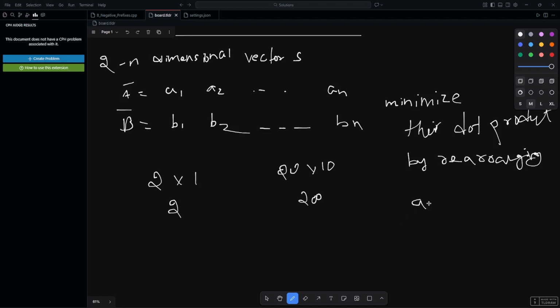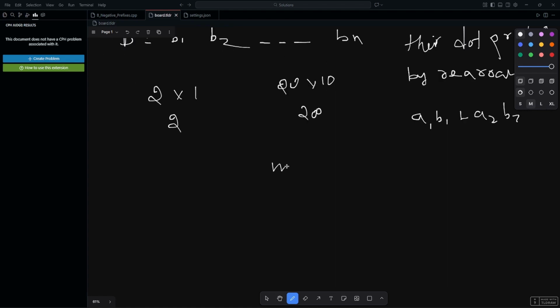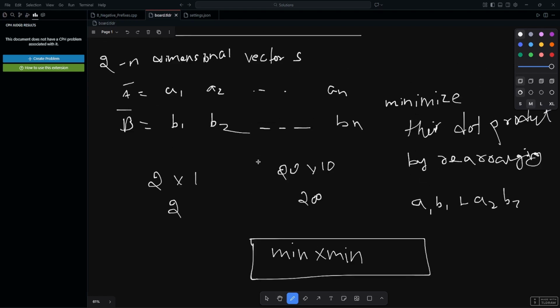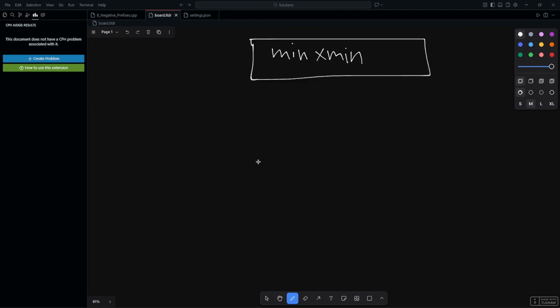So if I want to minimize it, I would multiply minimum into minimum. And it would magically pass all the test cases. This is what an average person thinks. But there's a catch.